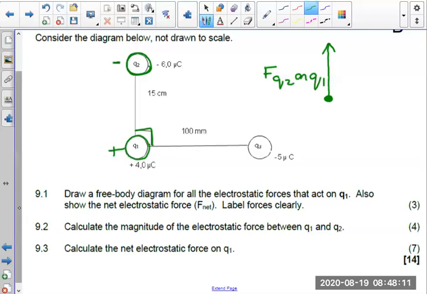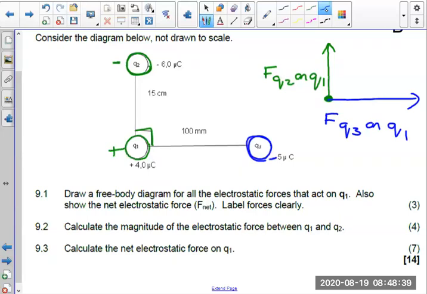The next one that I'm going to look at is Q3. Q3 stands still. So what is it going to do? It's a negative, and again, it's going to attract the positive. So Q1 is going to move towards Q3. So that force will be in this direction. So this will be the force that Q3 has on Q1, as you can see there.